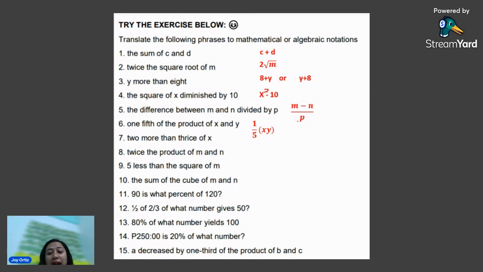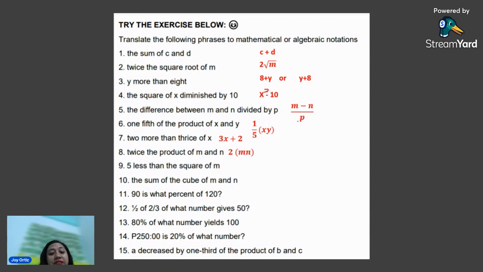What would be the answer? Okay, so this is the answer: 3x plus 2. Twice the product of m and n is 2 times mn.